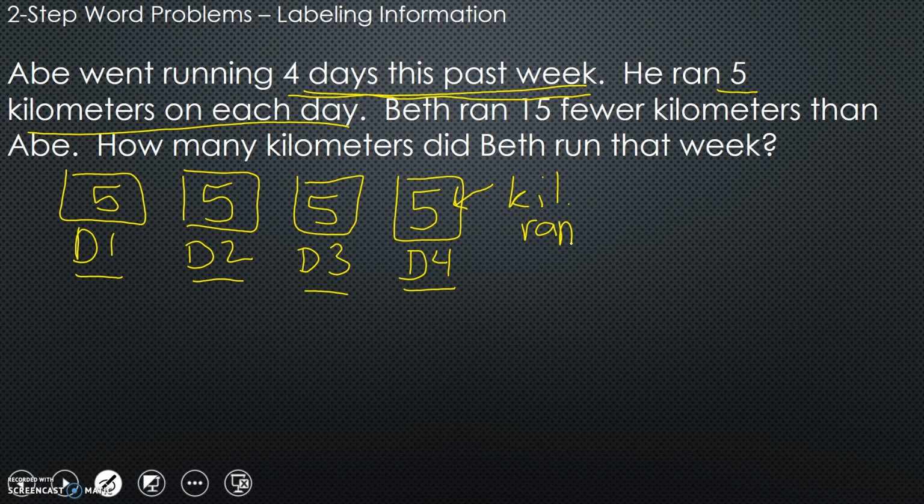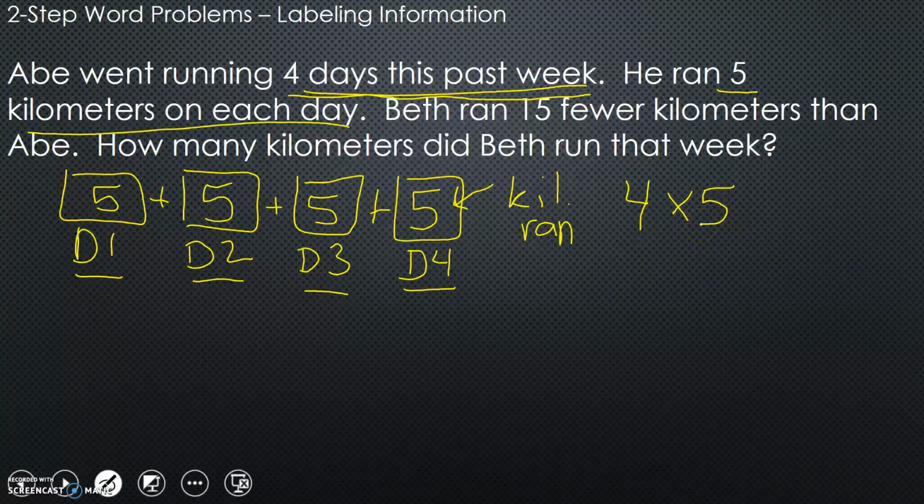So if I have to tell the total, I need to add 5 plus 5 plus 5 plus 5. Well, that's repeated addition, which means that my number sentence is 4 days times 5 kilometers each day. So I know that Abe ran 20 kilometers. It's a lot.